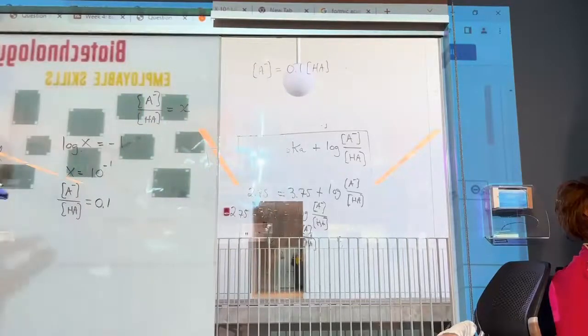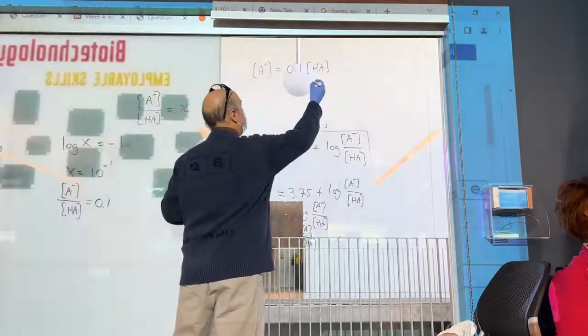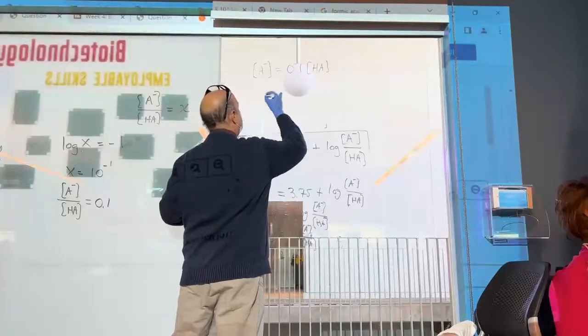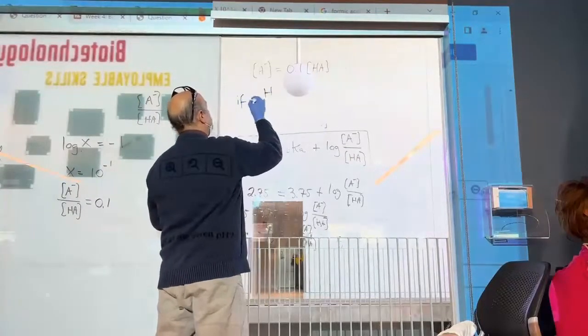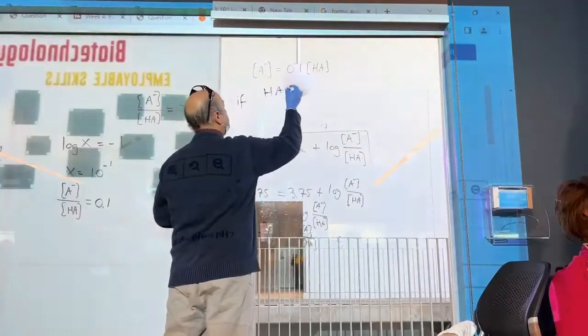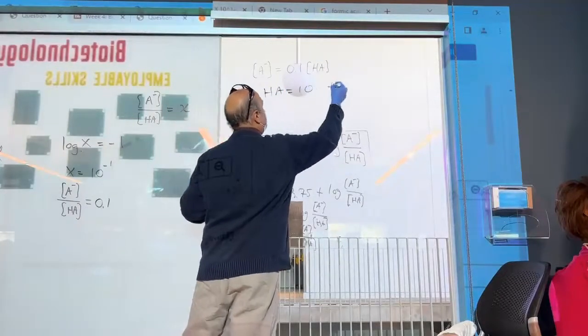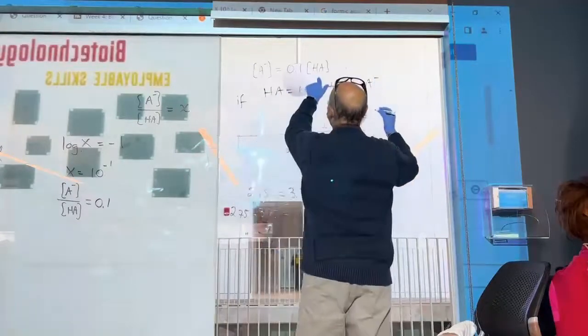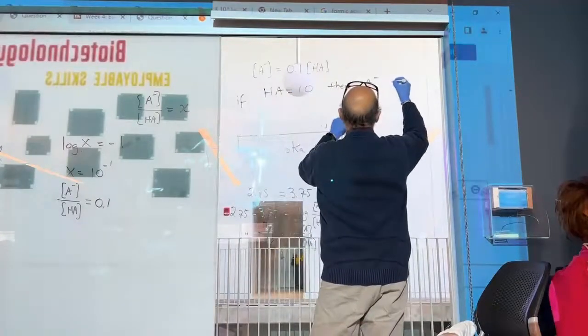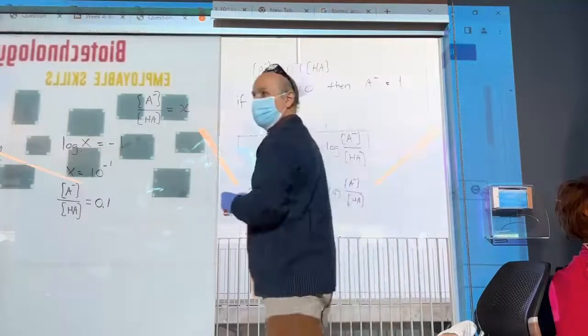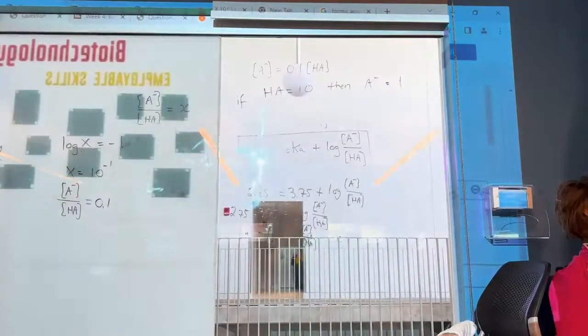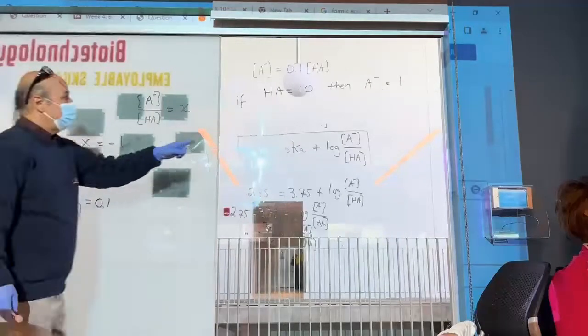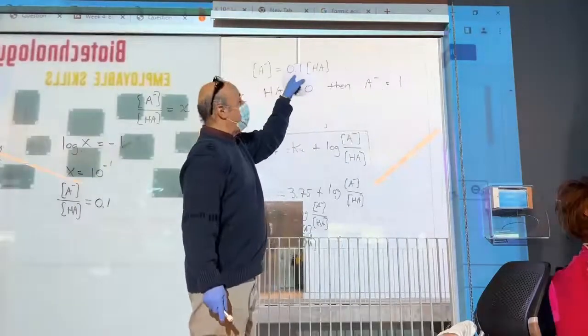Arbitrarily speaking, if I put a value of 10, then A minus equals 1. That's the ratio of 0.1. In other words, 1 divided by 10 is 0.1, right?